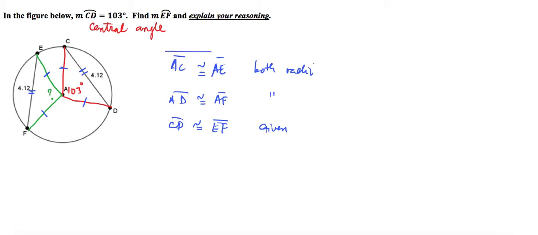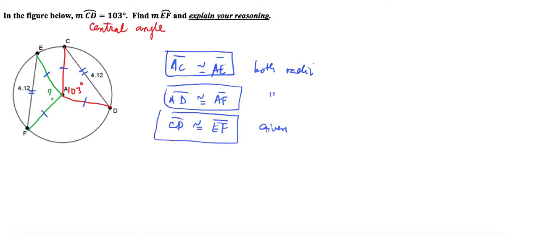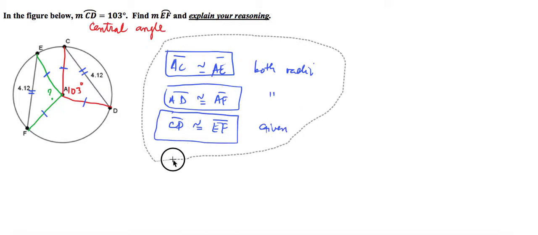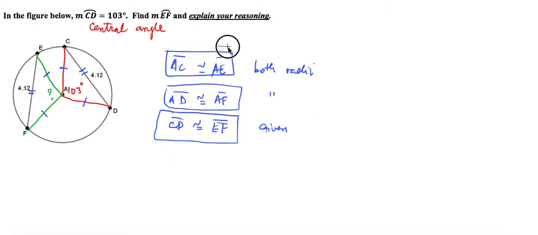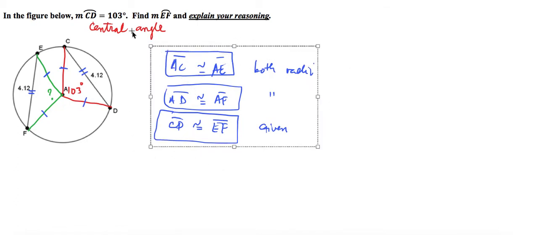So these three pieces of information, when we combine them together, tell us something pretty useful. Namely, it tells us that we have two triangles that are congruent to each other. Okay? So that's quite a powerful and useful result, I think.